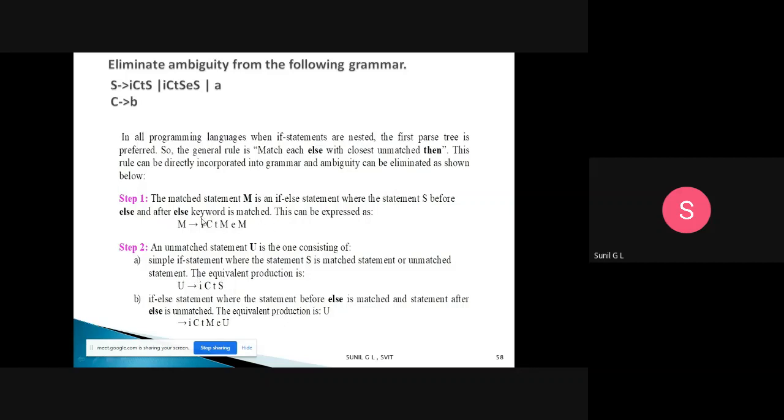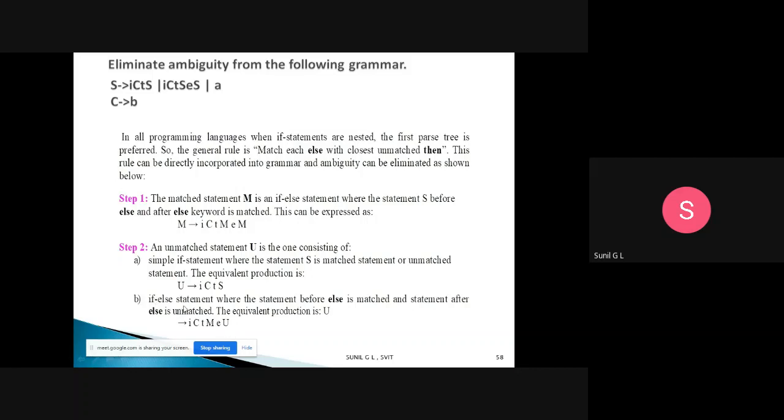So this is the if-else statement, and this is the simple if statement. Another one is the if-else statement with matched and unmatched statements. If the statement before else is matched and the statement after else is unmatched, the equivalent production is U tends to if condition is true, then matched, else unmatched.